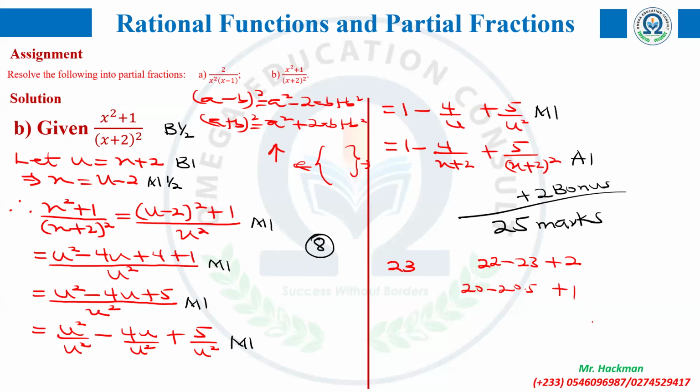Forgive me, not 20.5, to 21.5, you get a bonus mark of 1. So take note. If you had 20, it will be plus 1; 20.5, it will be plus 1; 21, plus 1; 21.5, plus 1. So here, if you get 22, 22.5, then 23, plus 2. Point well made. So in all, it's supposed to be 25.